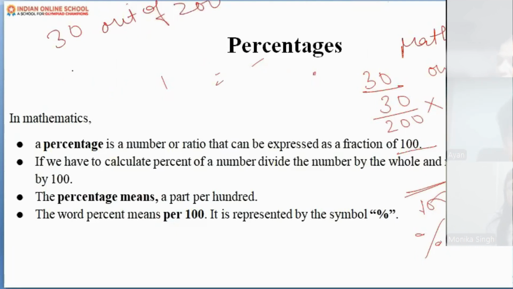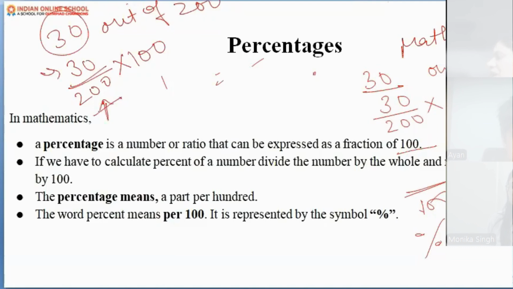So for finding a percent, we divide the number by total number and multiply it by 100. You got 30 marks out of 200. So 30 divided by 200. This is your obtained marks and this is total marks, and multiplied by 100. Now calculate it.